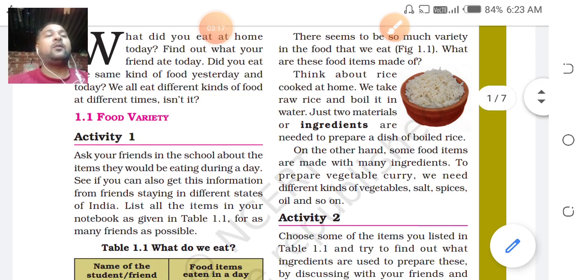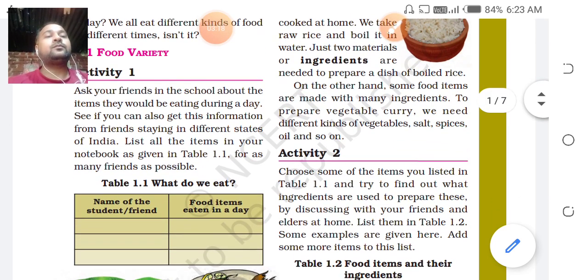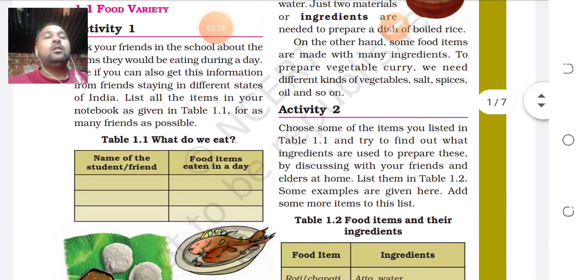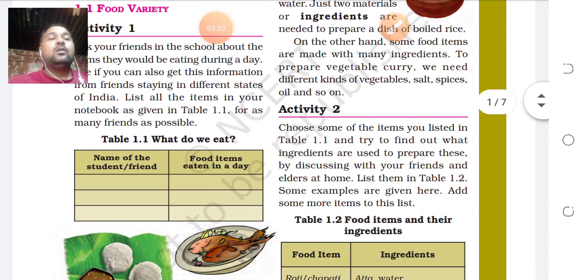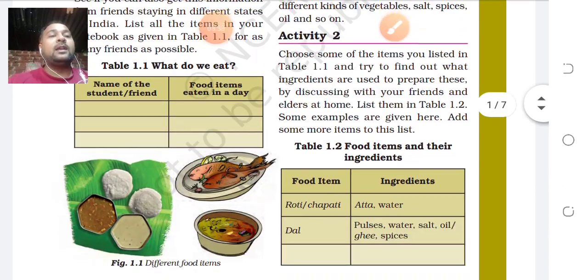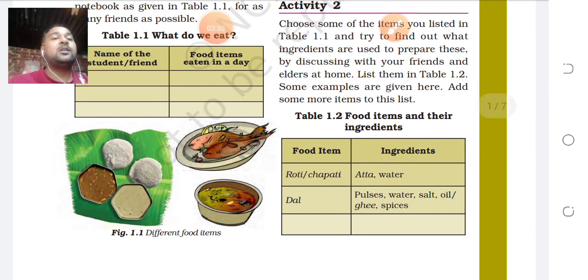Okay, now in activity 2, see, in this activity, choose some of the items you listed in table 1.1 and try to find out the ingredients required to make them, okay. Some examples are given, like roti, chapatis. What do we use in roti?